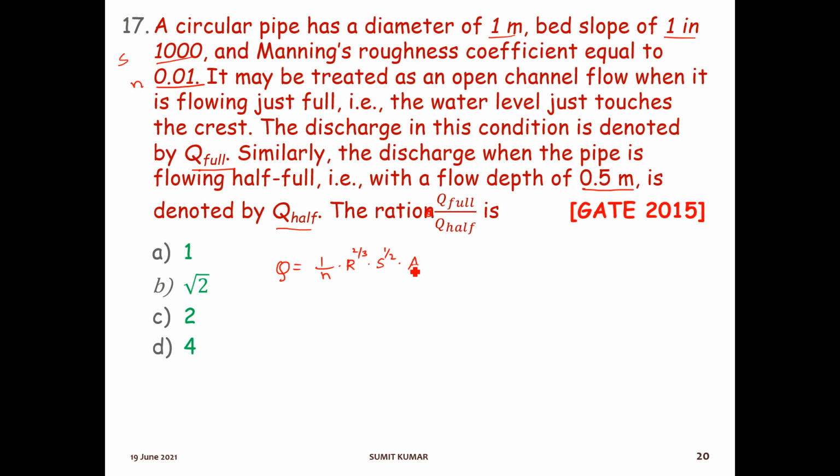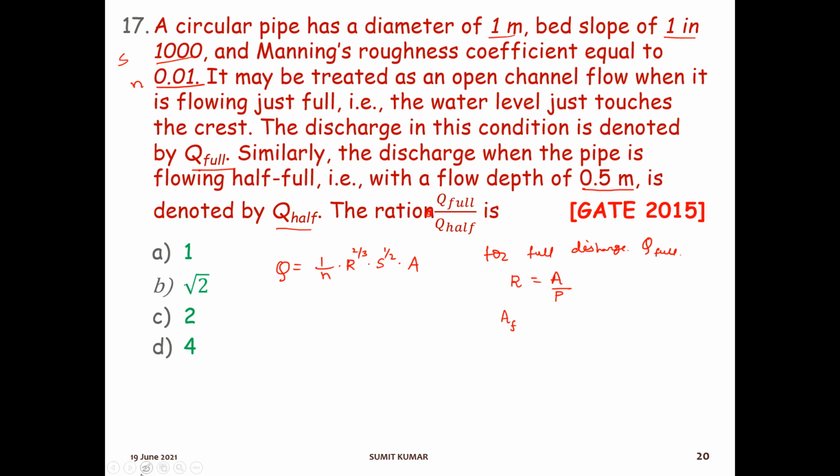So first of all, when the water is flowing full, for full discharge, or for Q full, what will be the R? R is area by perimeter. Correct.